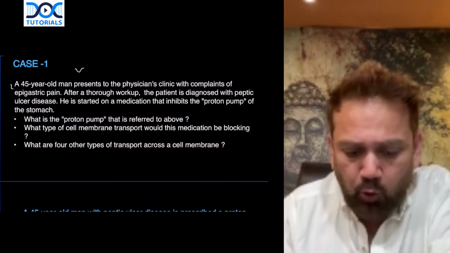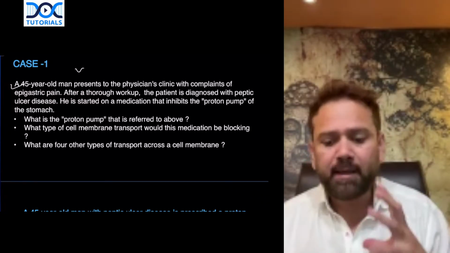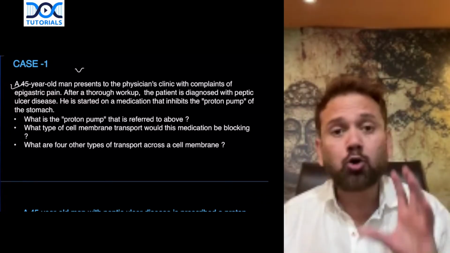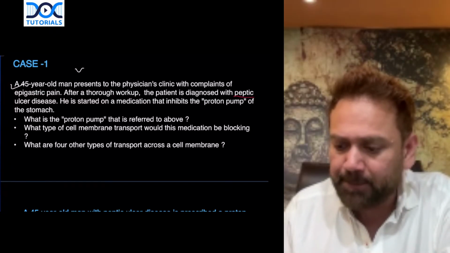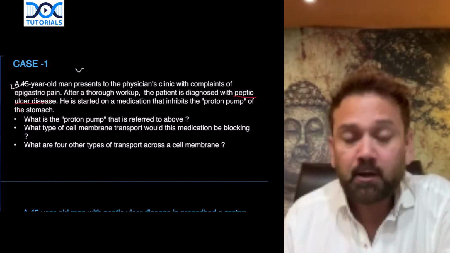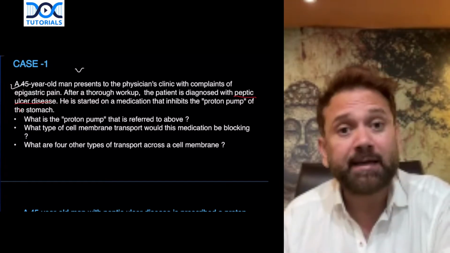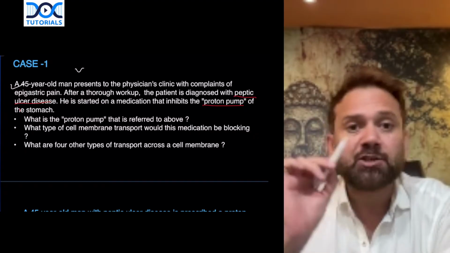A 45-year-old man presents to the physician clinic with a complaint of epigastric pain. After a thorough workup, the patient is diagnosed with peptic ulcer disease. He is started on a medication that is going to inhibit the proton pump of the stomach.